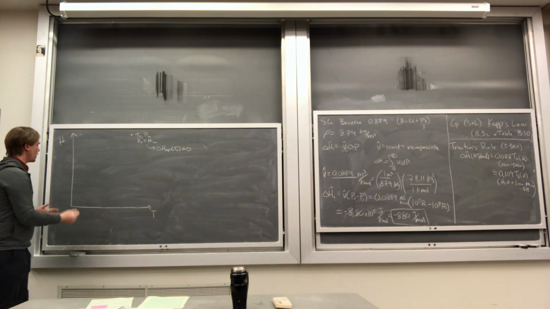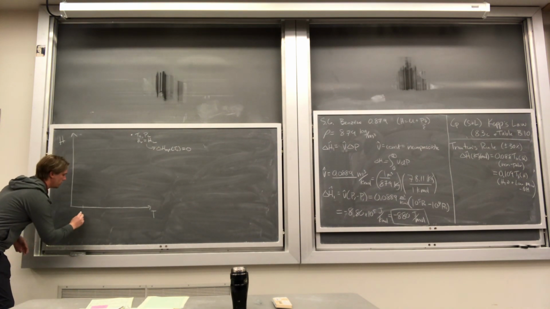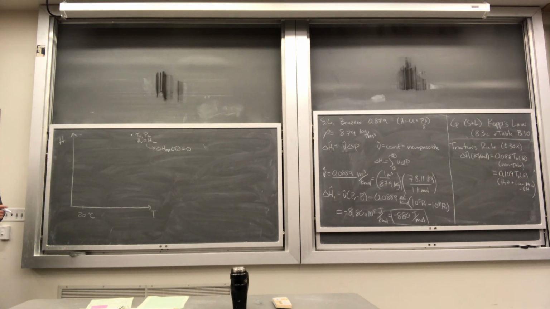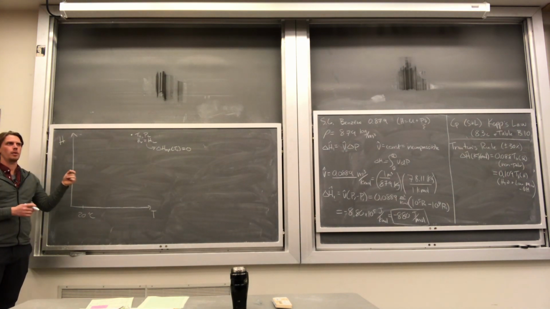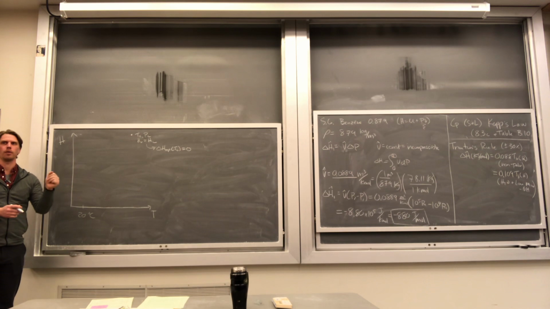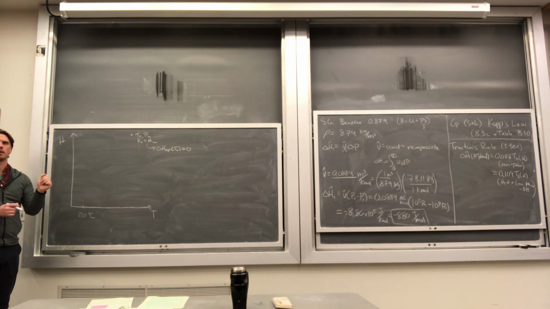So now, if I were to choose, for example, 20 degrees C down here, and I want to draw 2 data points, one for the liquid, one for the vapor. Does a liquid have a higher enthalpy, or does a vapor have a higher enthalpy? Vapor, right? Because heat of vaporization is always positive.